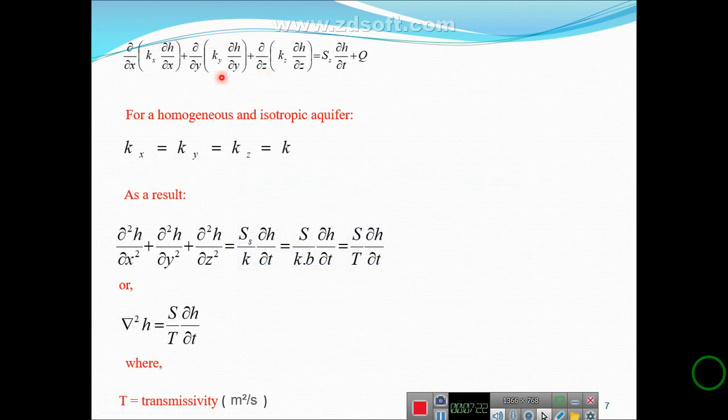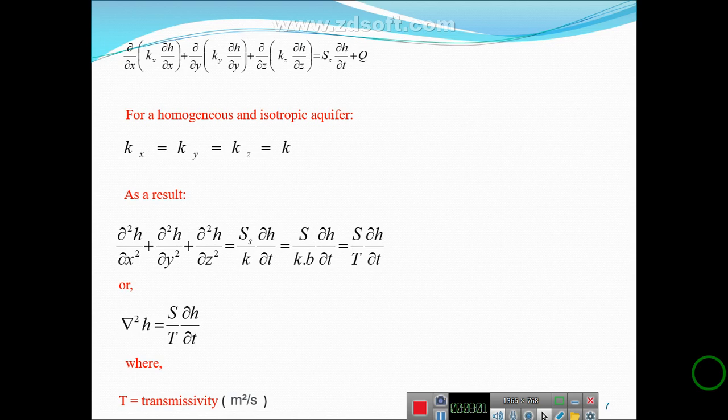Taking this equation into account, that we described before for a confined aquifer, and assuming that the aquifer is homogeneous and isotropic, we can write Kx is equal to Ky is equal to Kz is equal to K, which means that the hydraulic conductivity of the aquifer is independent of the direction.